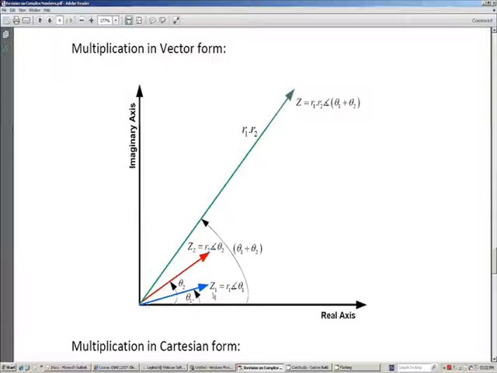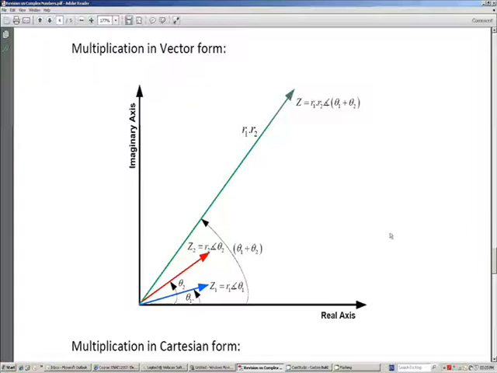If you have r theta 1 as your first complex number and r theta 2 as your second complex number, the resulting complex number will have a length of r1 into r2 and an argument, or an inclination to the real axis, of theta 1 plus theta 2. So it is a vector rotation and an amplification in the magnitude. So that is multiplication in vector form.